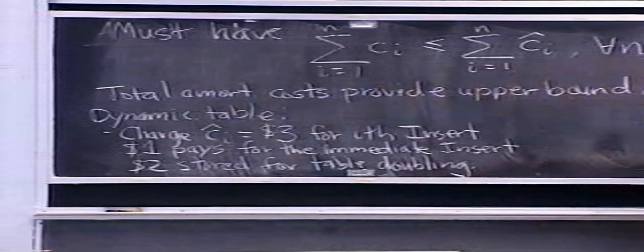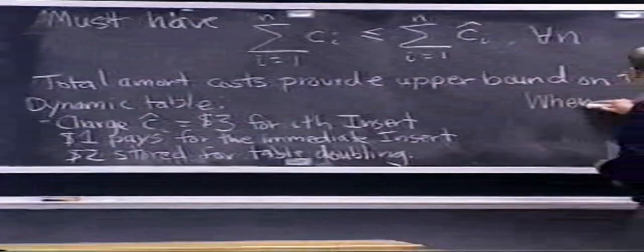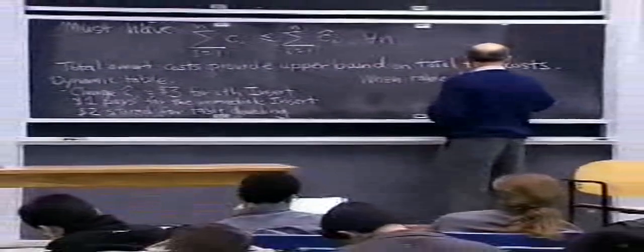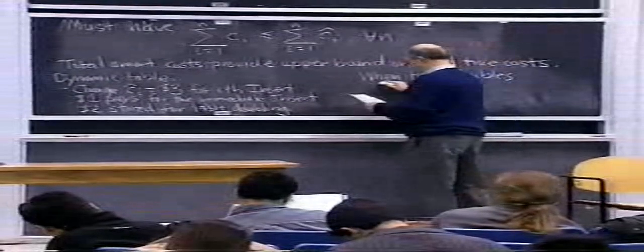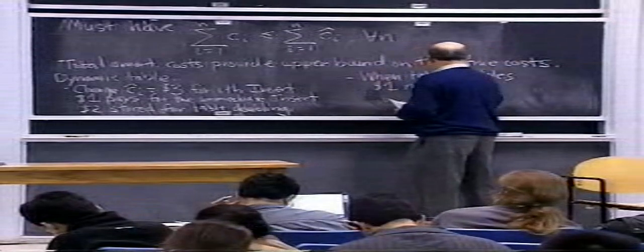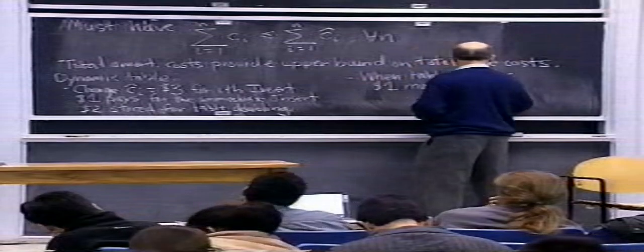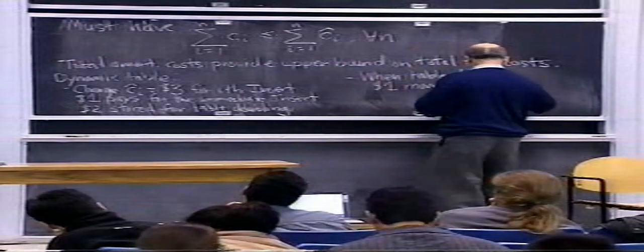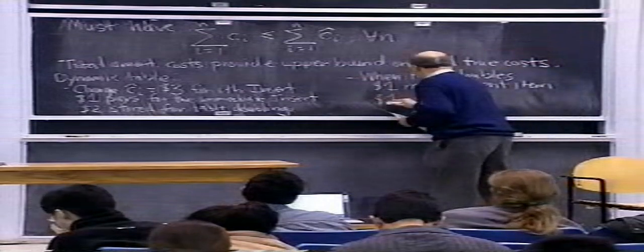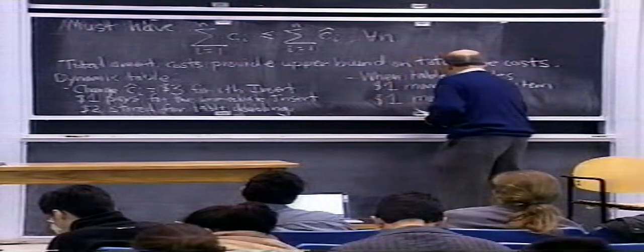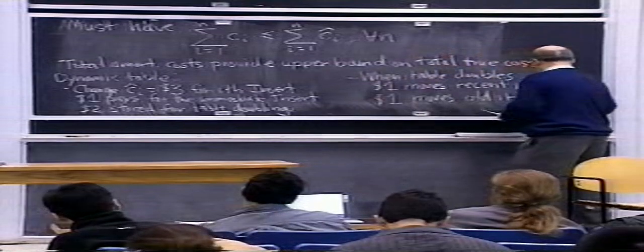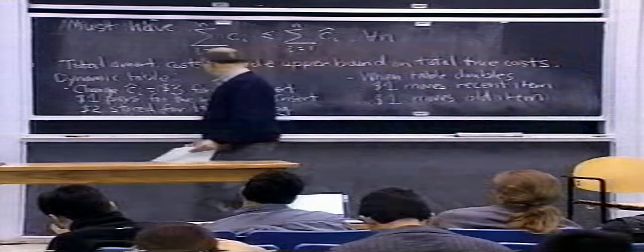When the table doubles, $1 will move an item that I've recently put into the table, and $1 will move an old item. Let me draw a picture of that over here.